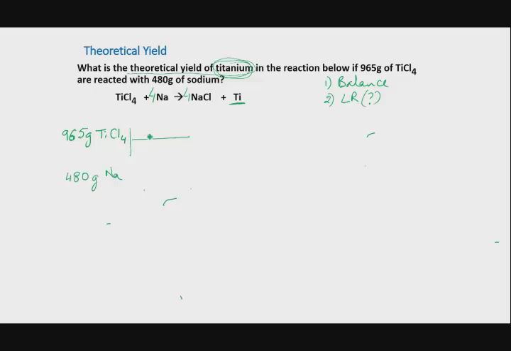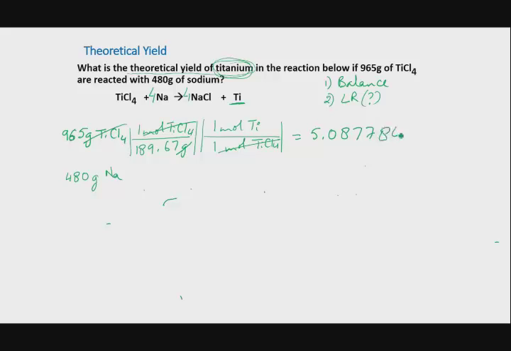Okay. Moles of TiCl4, 189.67 grams, that's the molar mass. And then 1 mole of titanium for 1 mole of TiCl4 from the balanced reaction equation gives us 5.087784046 moles of titanium.